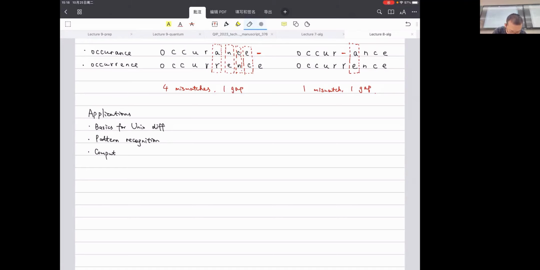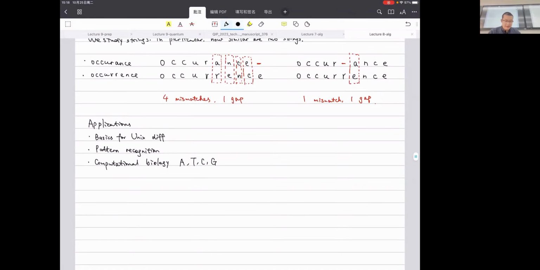I guess the spelling is wrong, computational biology. In computational biology, we deal with DNAs and RNAs, and the strings are typically composed of A, C, T, and G. So the sequence alignment problem is of very general interest, spanning different areas. We really want to have a good algorithm for it.